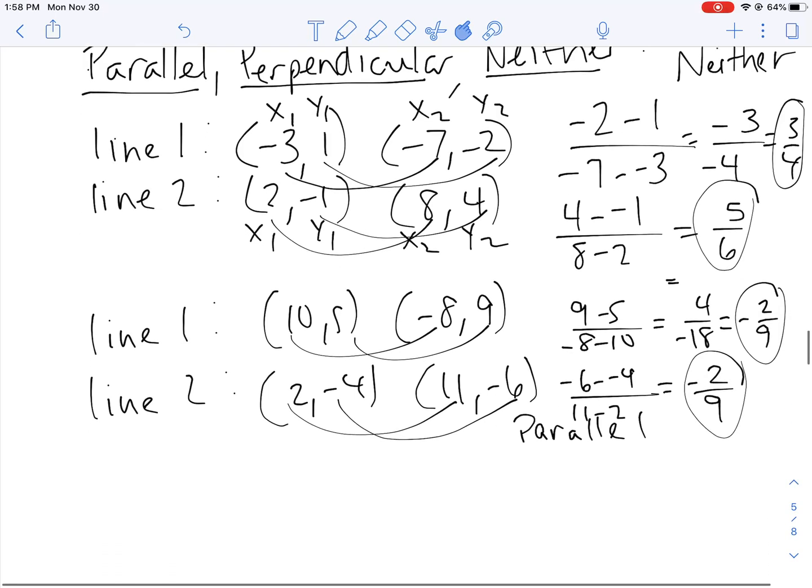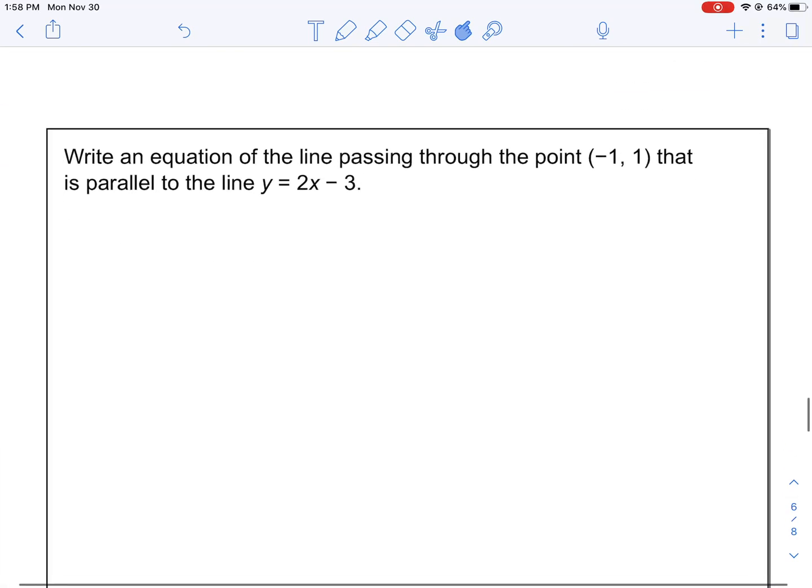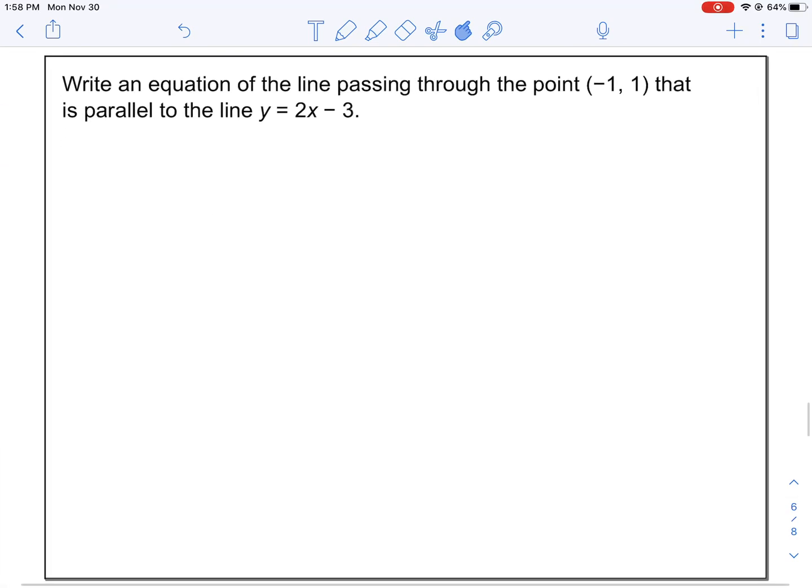All right, but what you've really come here to know is how to write the equation of a line. Now, just a reminder, an equation is y equals mx plus b, where you have to fill in the m and you have to fill in the b. Now, there's two ways to do this.